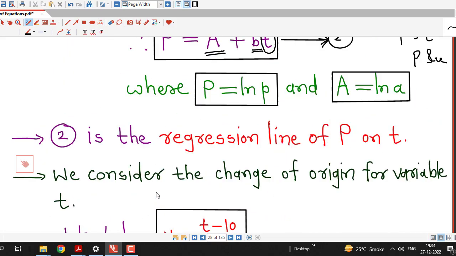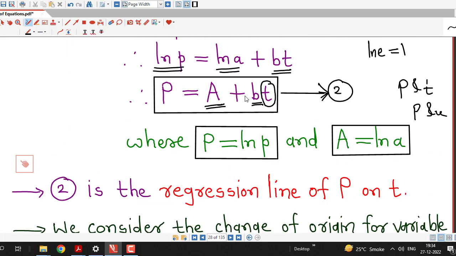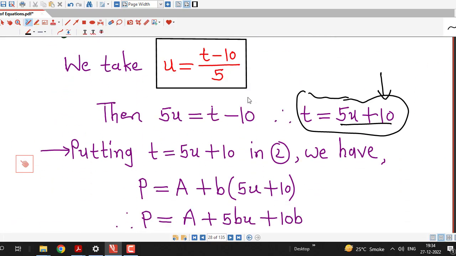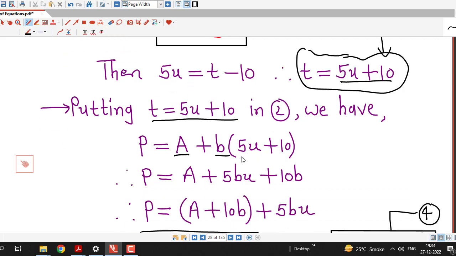My equation is P equal to A plus bt, and here I put P equal to A plus b times 5u plus 10. Now I simplify this, I multiply by b, and I obtain 5bu plus 10b.